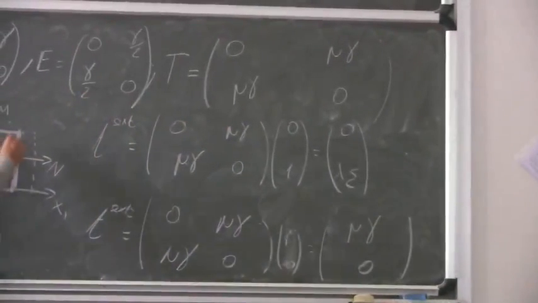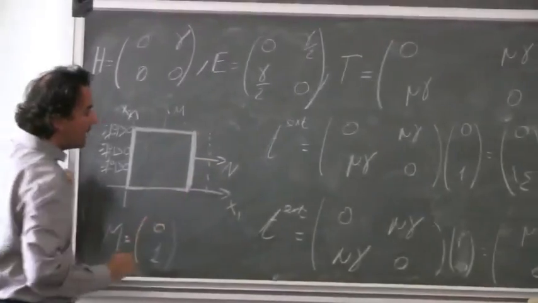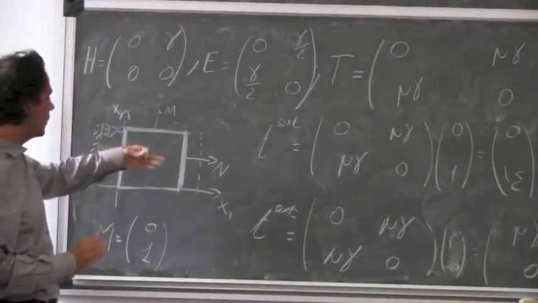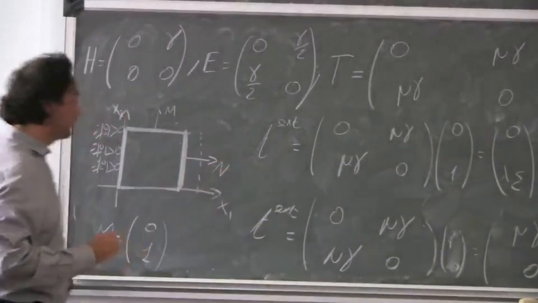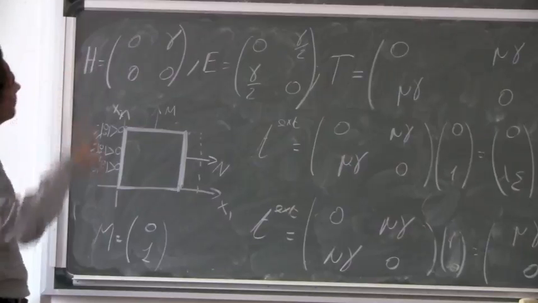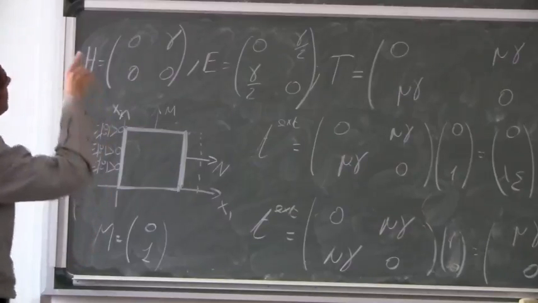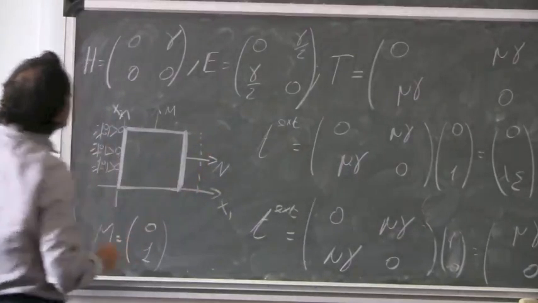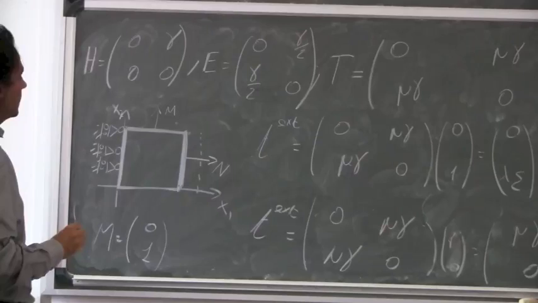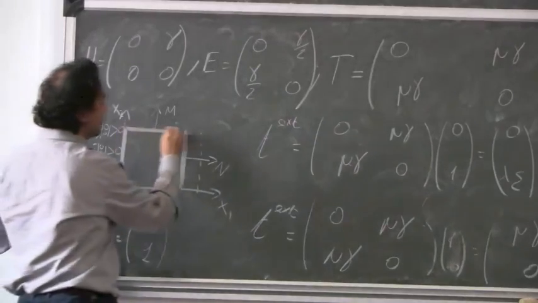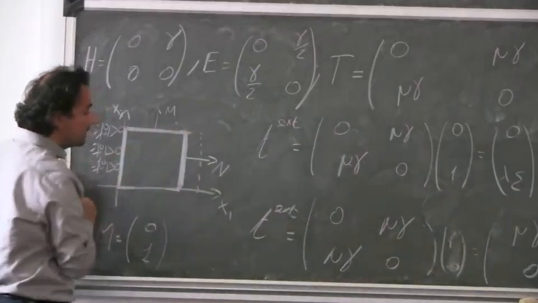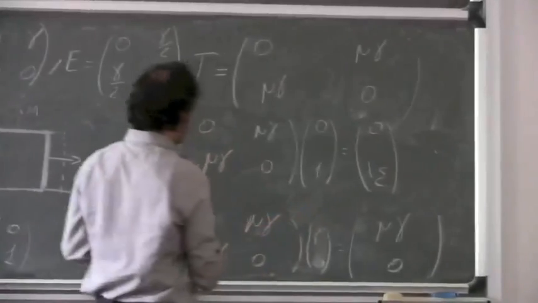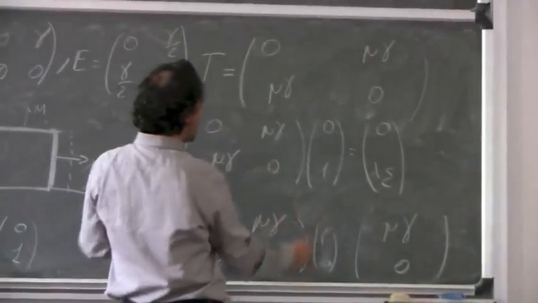It means that in this border we have to apply a force in this direction. So the displacement is 0 here and is free here. Correct. And in this side, the normal is now 0, 1, not anymore 1, 0.